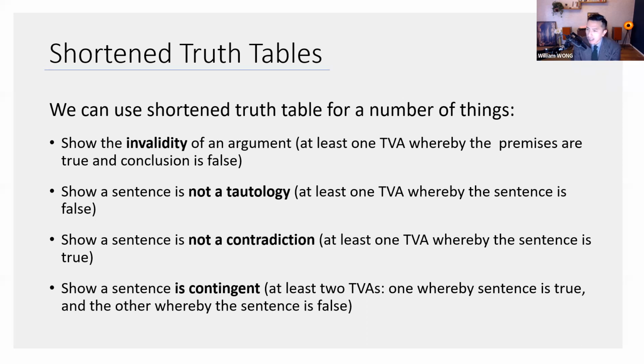Can anybody think of what else it might show us? Now, remember, shortened truth tables can generate one or two TVAs for us. What else can it show? Okay, I'll give you a clue. The other things that it can show pertain to two sentences.